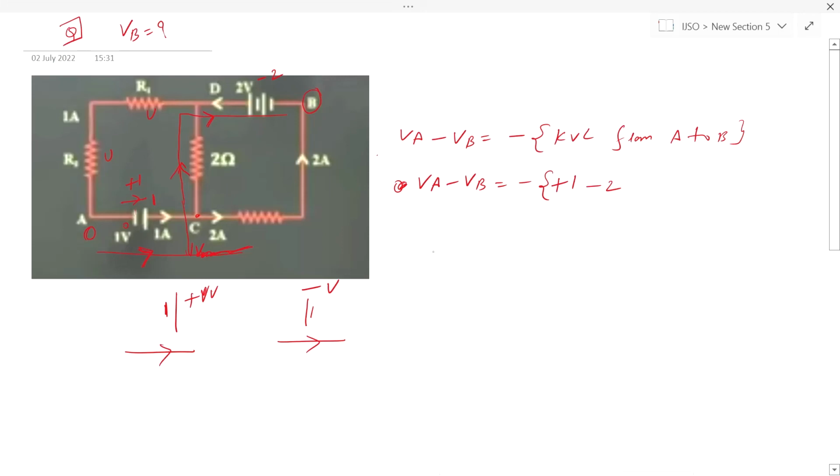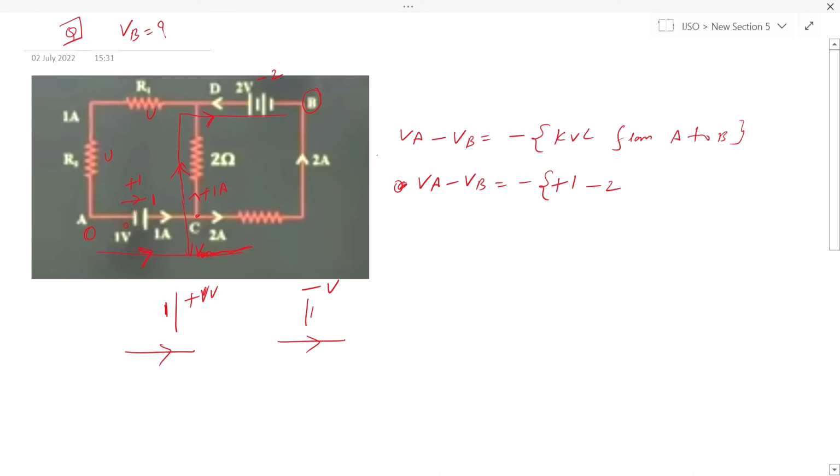So KVL, and then just consider the resistance part. Na? So the resistance will, ये रहा +1 ampere, V equal to IR. Clear? So मेरी डायरेक्शन भी सेम है, and resistance is also same. So V equal to IR.